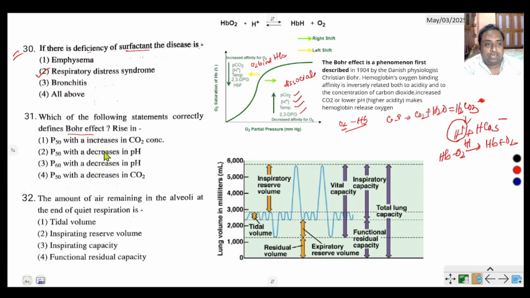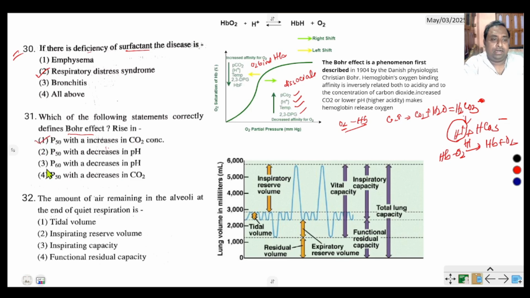Which of the following statements correctly defines the rise in P50? P50 increases with increase in CO2 concentration.